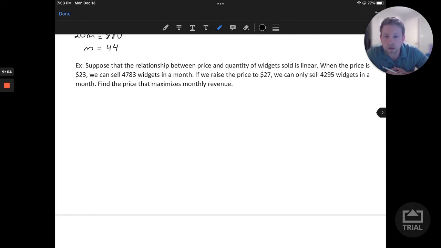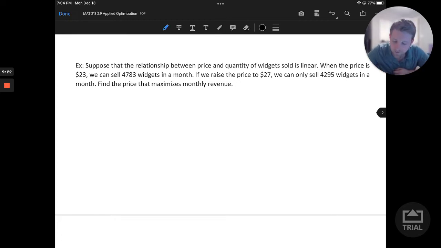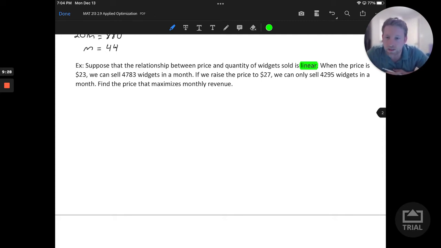Okay, so we have two data points, two prices and two results in terms of selling quantity that we can consider. And again, it's been shown that this is going to be a linear relationship between these two data values.